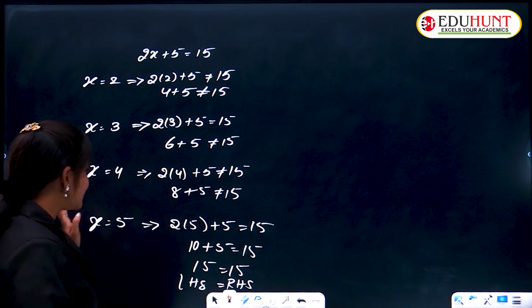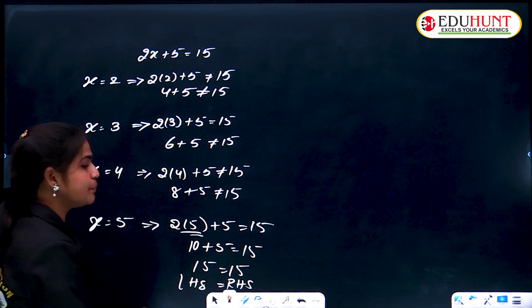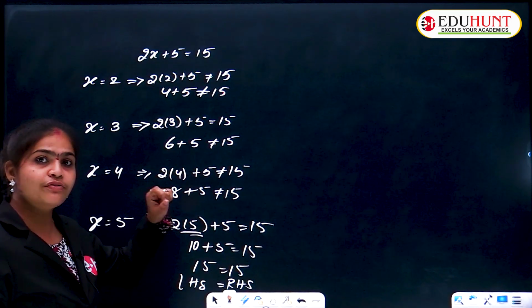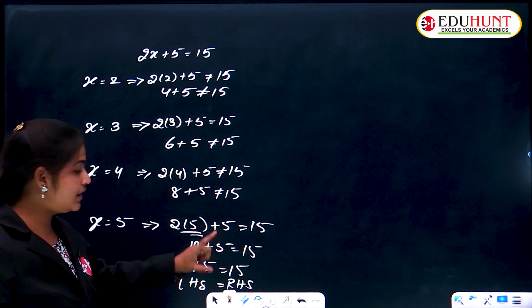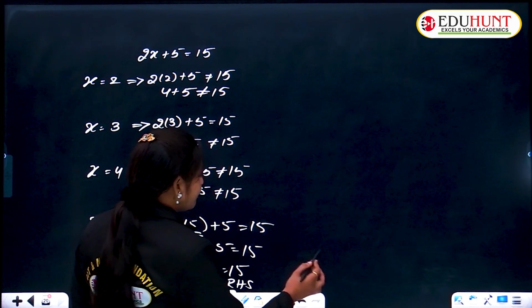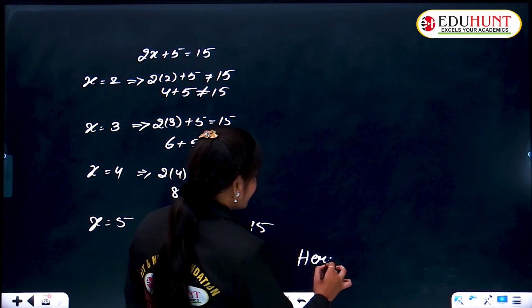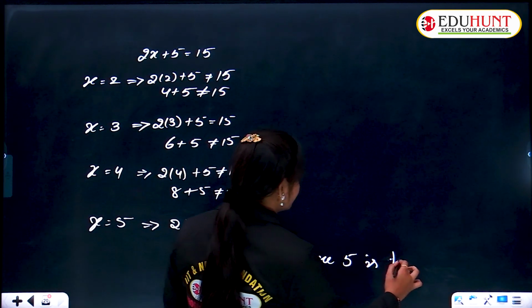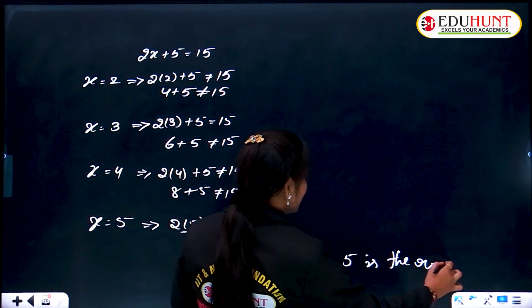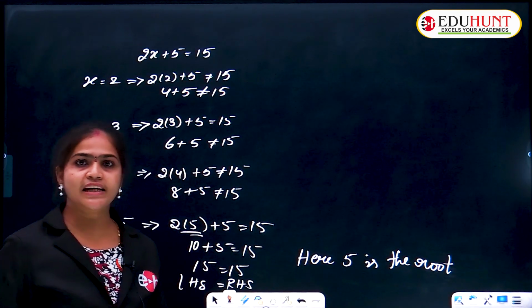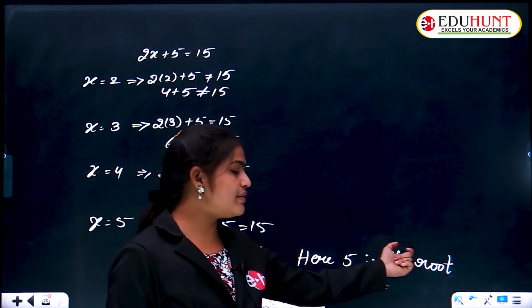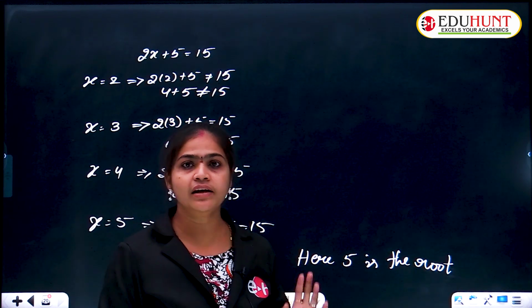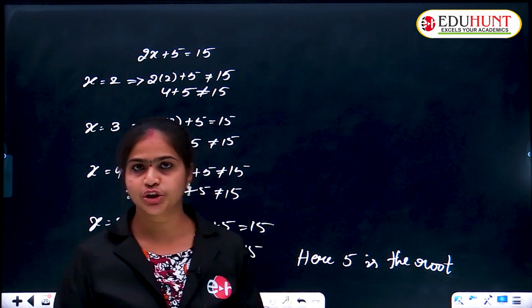The value we replace, if it satisfies the given equation, is called the root. 5 is the root, because 5 satisfies the given equation. So 5 is called the root or solution of the given equation.